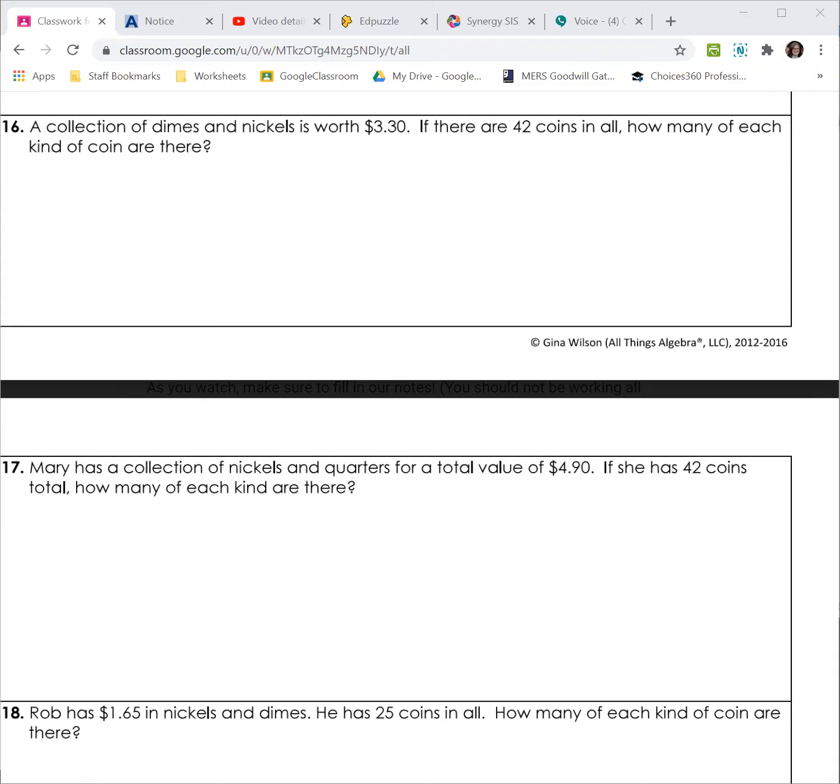Like I said, always look at that last sentence: how many of each kind? I'm going to let X be the number of dimes, and Y equal the number of nickels.